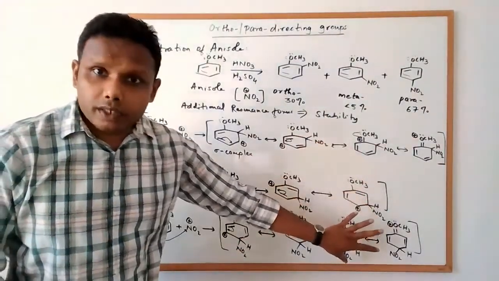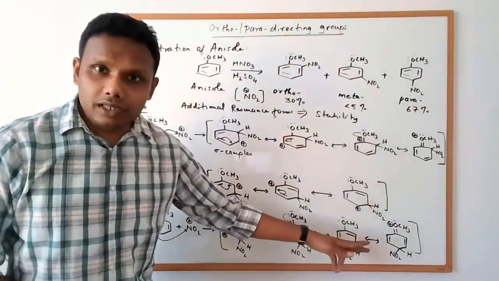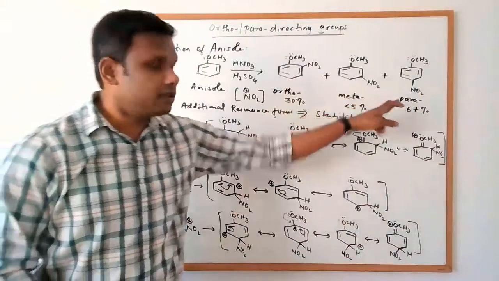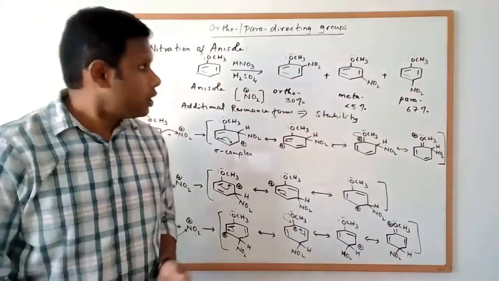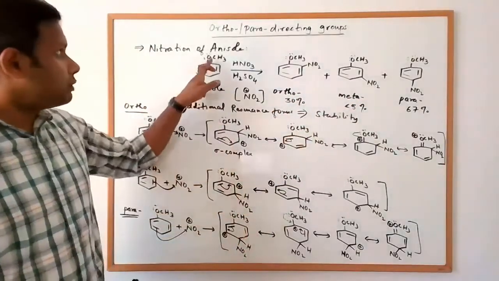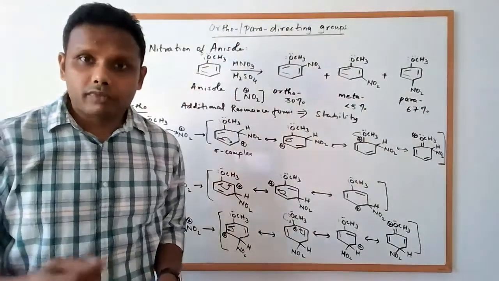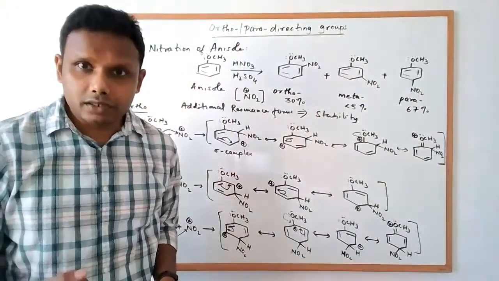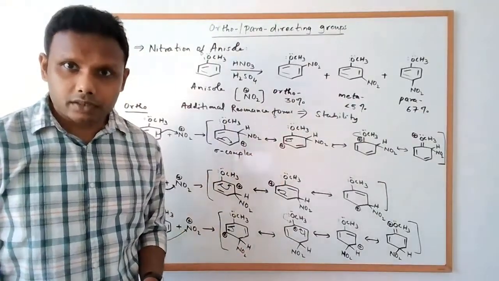And this additional resonance form makes the pathway leading to these products, the ortho product and the para product, more favorable, more stable. And hence, those are our favored products. And so the methoxy group here, therefore, is another example of an ortho-para directing group. So the methoxy group is ortho-para directing.